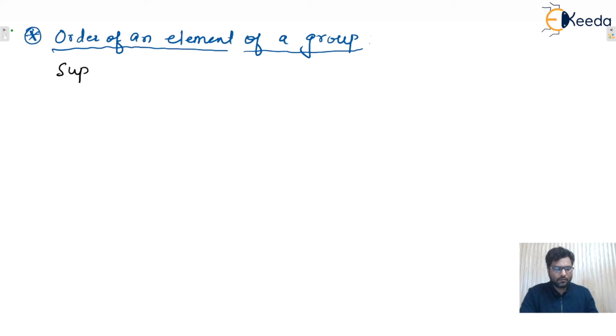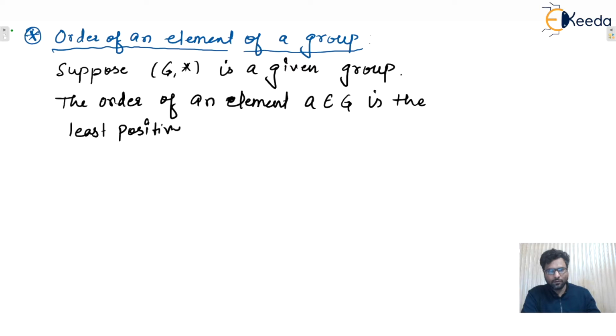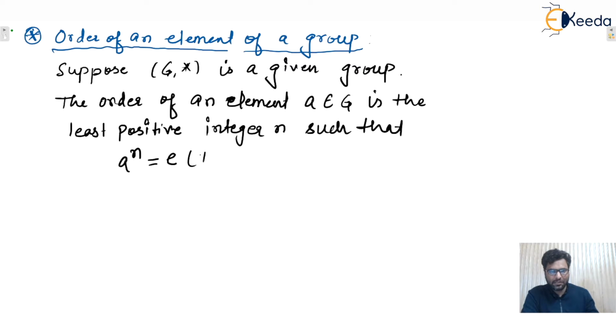So suppose (G, *) is a given group. Then the order of an element, let's say a belongs to group G, is the least positive integer n such that a raised to power n is equal to the identity element.